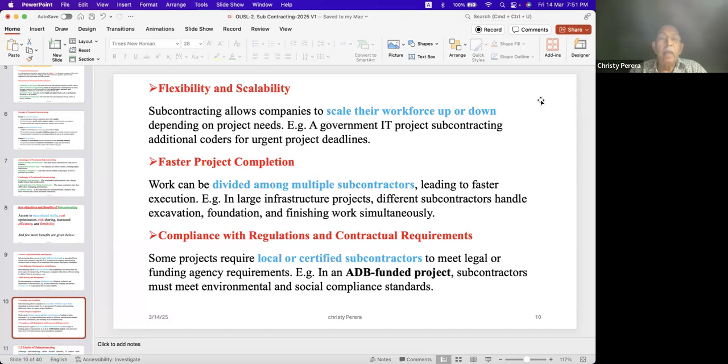Without delays. For example, in large infrastructure projects, different subcontractors handle excavation. Maybe one subcontractor is the expert in excavation work. The foundation might be a different subcontractor.